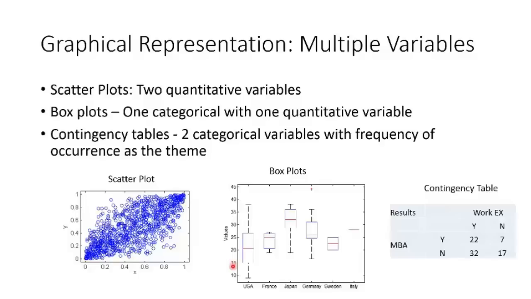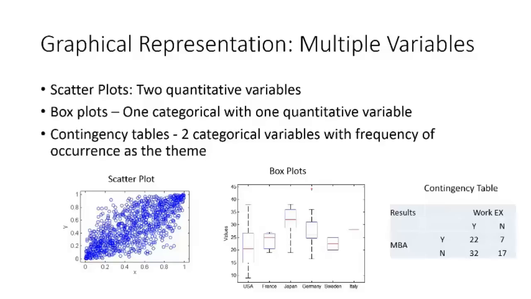I don't know if it's continuous; it could be continuous or discrete. But this variable is quantitative, whereas this variable is qualitative. So one great way of comparing different qualitative variables which have data sets on a quantitative scale is to use multiple box plots on the same graph. That gives you not just an idea of how on average these countries are different, but whether they are also different in terms of their variability and their outliers and so on.